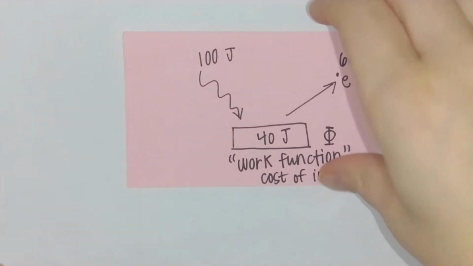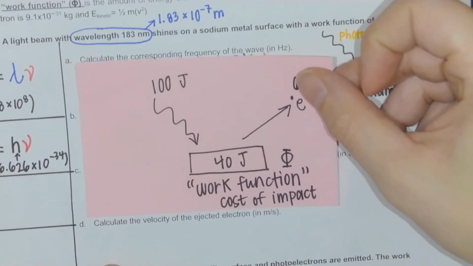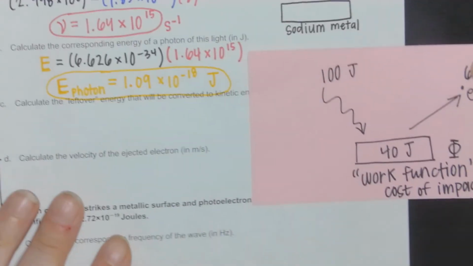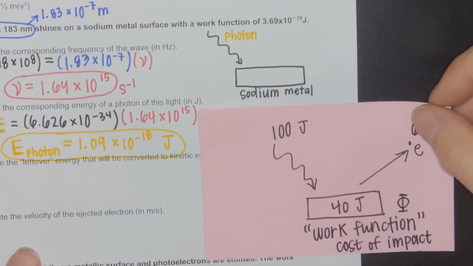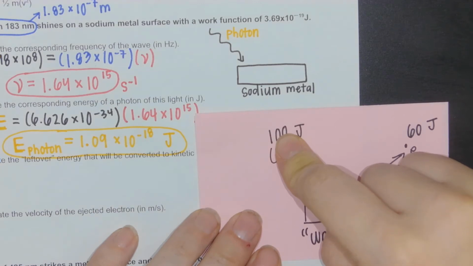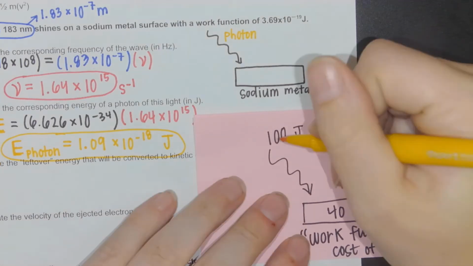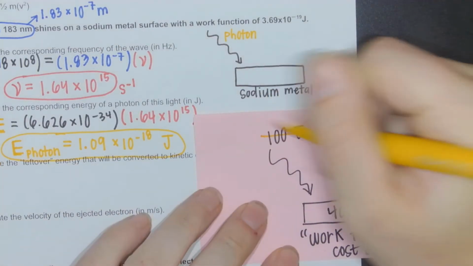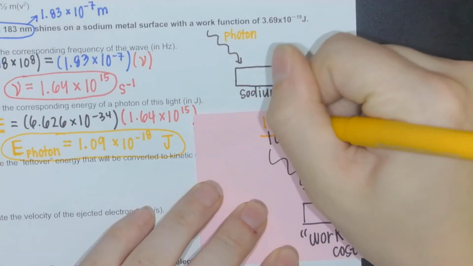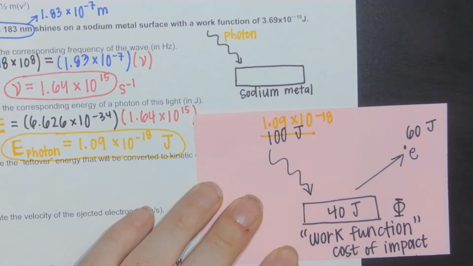Because now what we're going to do is use different, harder numbers. Instead of coming in with 100 joules, it's coming in with, oh goodness, 1.09 times 10 to the negative 18 joules.